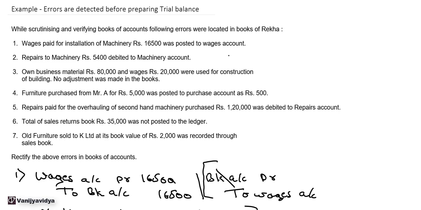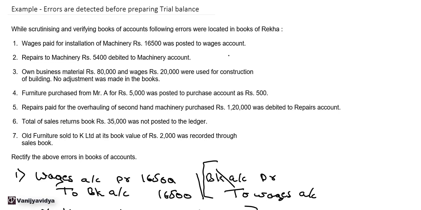So these repairs are after the machine is ready, put to the use in the factory. So now what has happened is there are normal repairs and maintenance expenses which are incurred on the fixed assets every year. So this is like a normal repairs to machinery rupees 5,400. But what has happened is this is debited to machinery account.